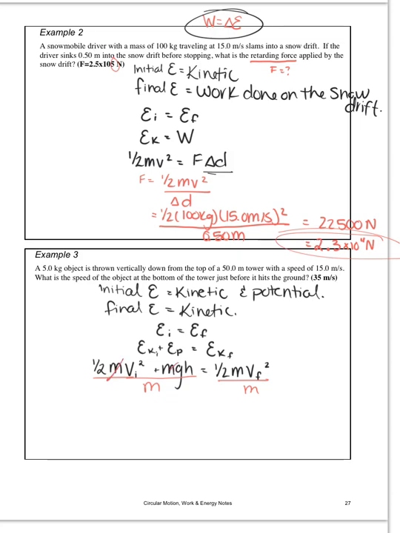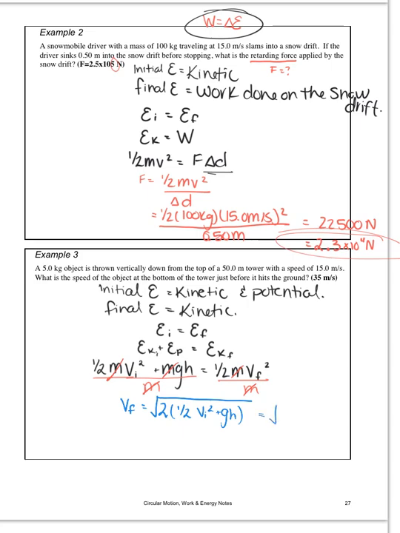So we can cancel m's, and I'm just going to be left with 1/2 vi squared plus gh equals 1/2 vf squared. If you rearrange to solve for vf, vf is equal to the square root of 2 times 1/2 vi squared plus gh. Make sure that you are comfortable rearranging your formulas.